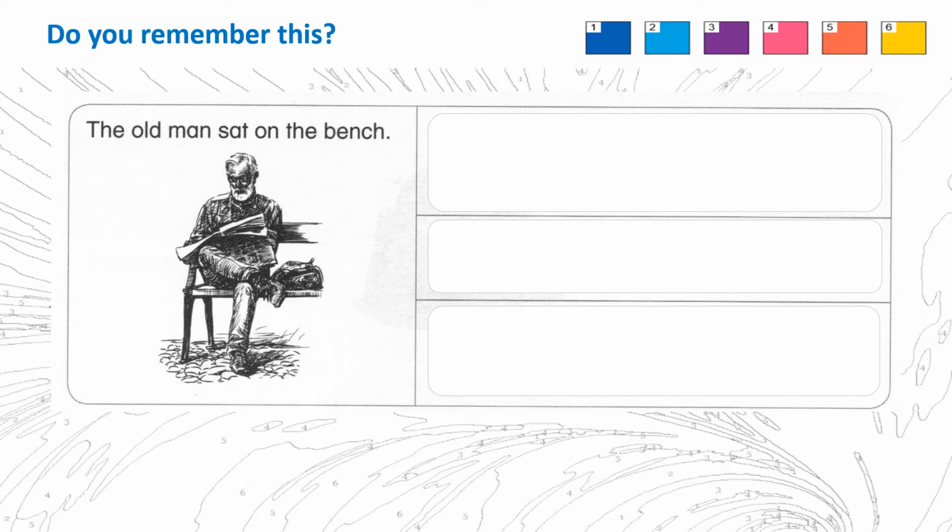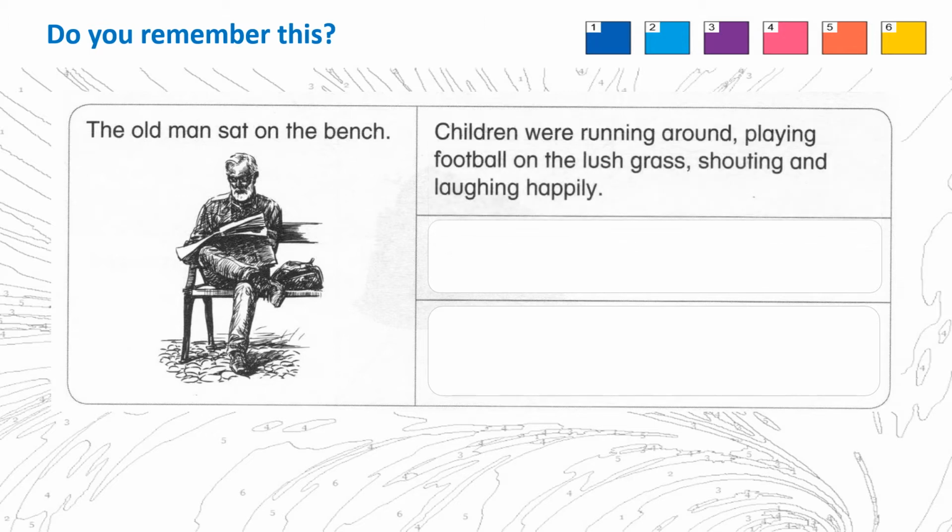So if you remember, the old man sat on the bench. The first one was children were running around playing football on the lush grass, shouting and laughing happily. This created a very positive atmosphere, a kind of nice sunny day type of atmosphere, pleasant.